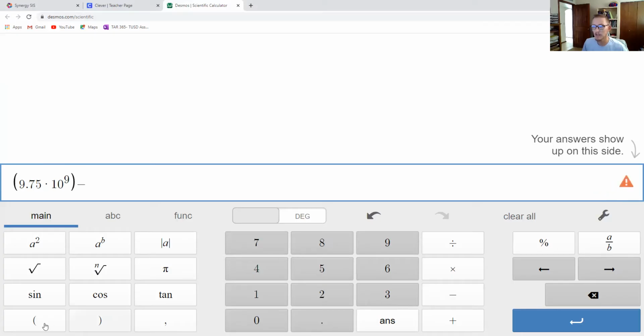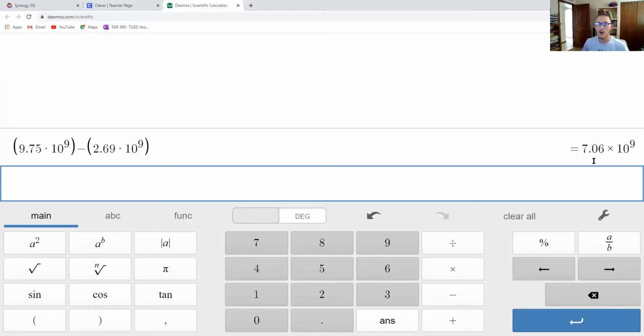I'm going to subtract. I'm going to write another parenthesis, and it's 2.69 times 10, use the exponent button, to the 9th power. And I push enter. Over on the right here, you'll see the answer is 7.06 times 10 to the 9th power.